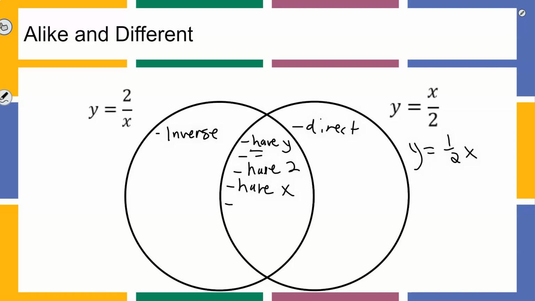Okay. What is this in general? Okay, so they both have fractions. Not what I was looking for, but they do both have fractions. This is some sort of equation. They're both equations.